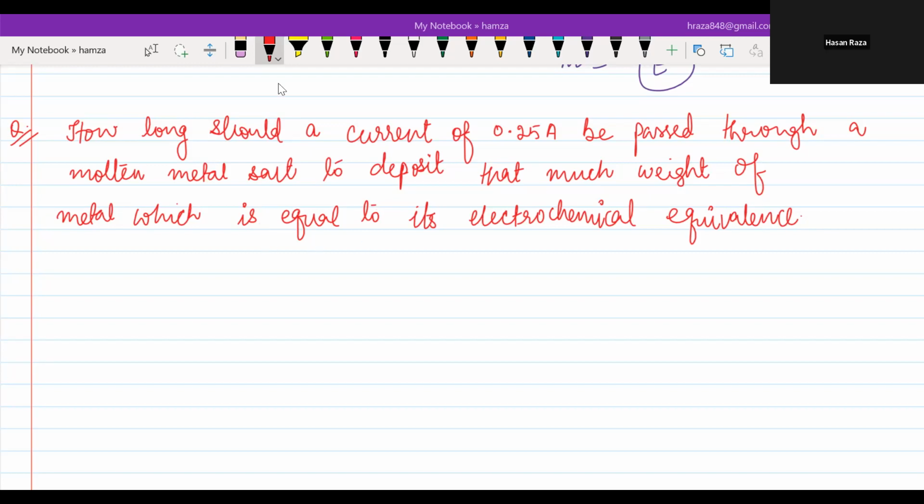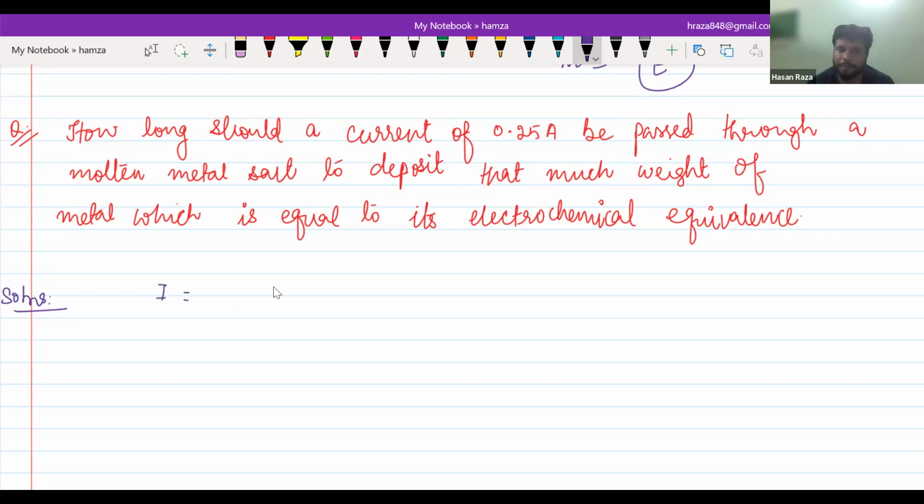Now see, it's very easy. The current given is 0.25 ampere, passed through a molten metal salt to deposit that much weight of metal which is equal to its electrochemical equivalence.